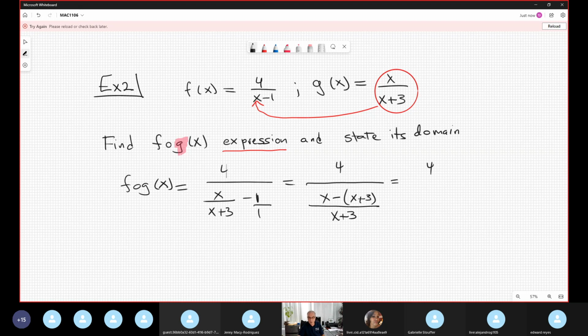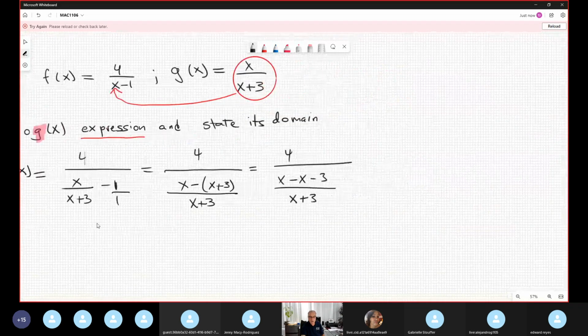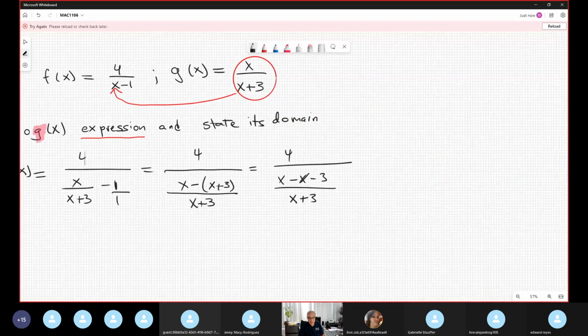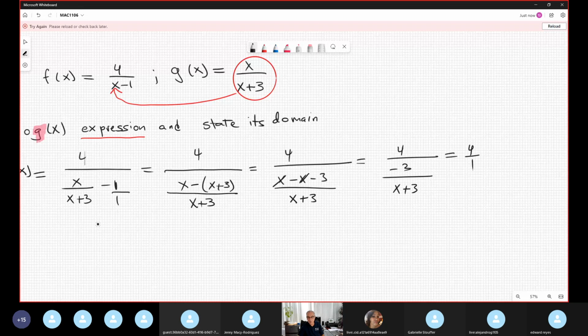Now I distribute the negative: x minus x minus 3, divided by x plus 3. I remove the parentheses, apply distributive. Wow, I can see how the x is cancelled out. Say goodbye. So we have 4 over negative 3 over x plus 3. And now, I don't like this answer. I divide this: 4 over 1, the numerator, multiplied by the flip of that, x plus 3 over negative 3.